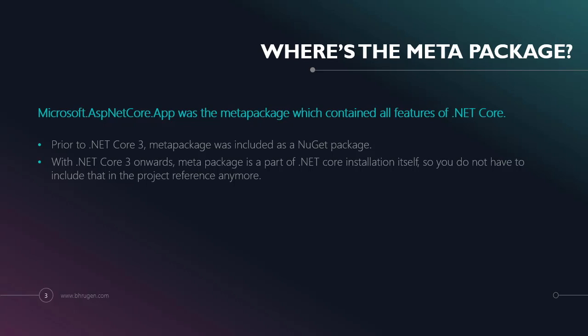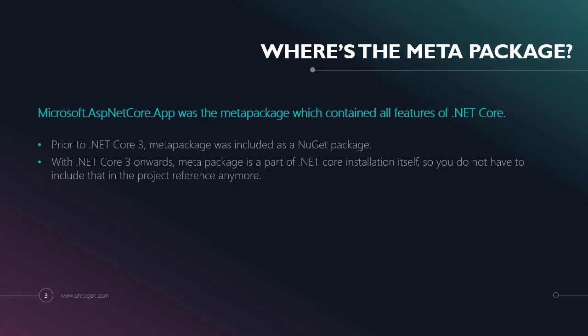Prior to 3.0, as I said before, the meta package was included as a NuGet package. But now, when you install .NET Core on your Windows or laptop, that meta package is installed automatically. Also, some of the packages have been moved out from that meta package, like Entity Framework Core, which has been moved to its own NuGet package, which we will be installing in the future videos.